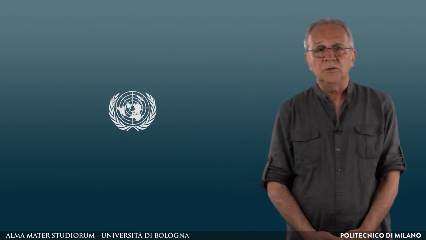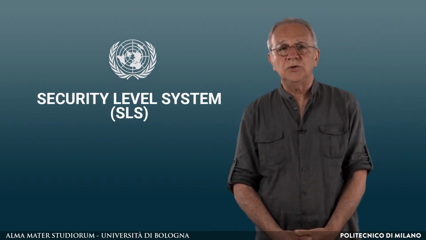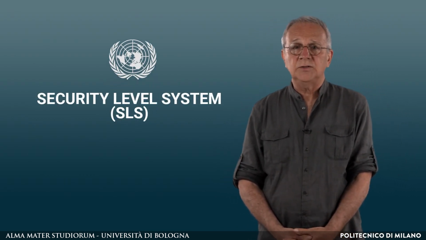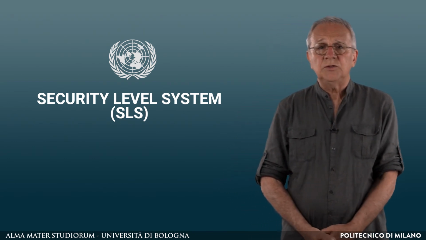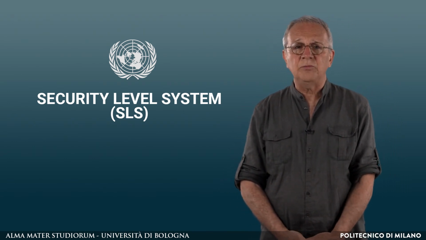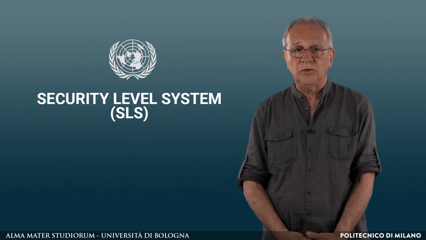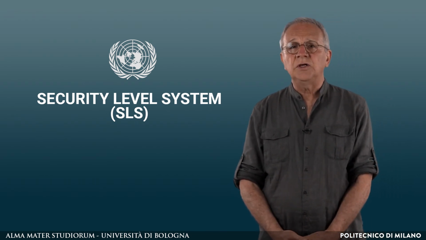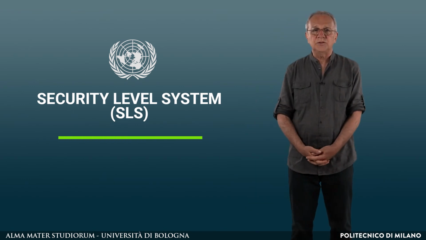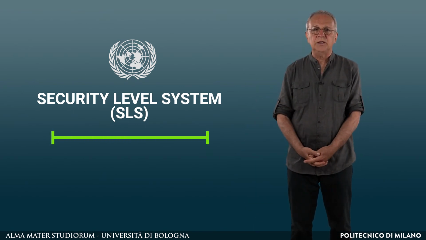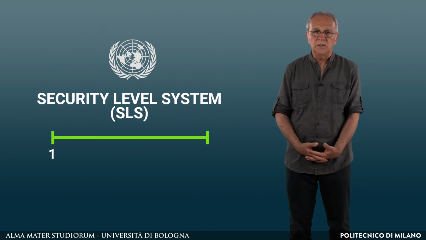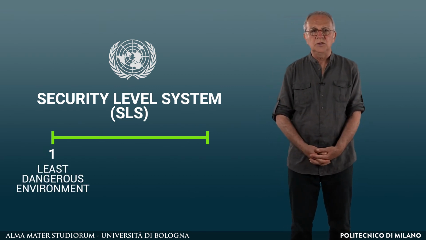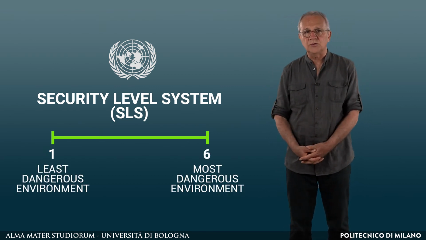For instance, the United Nations uses a security level system, SLS, to accurately describe the security environment that exists in an area or location in which it operates. The security level indicates the level of danger that exists in the defined area on a scale from 1, least dangerous environment, to 6, most dangerous environment.